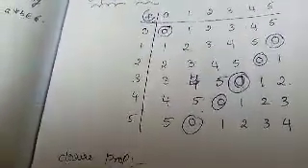Next, 4: here 2 is the additive inverse of 4. And the additive inverse of 5 is 1. So this is the additive inverse of each element 0, 1, 2, 3, 4, 5 respectively.